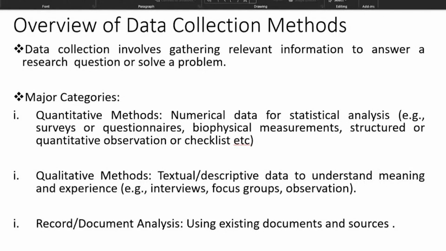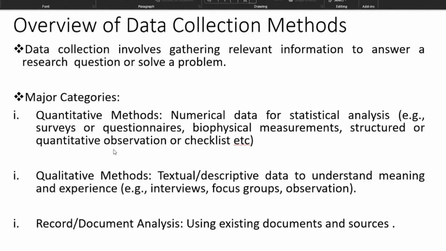Sometimes you need information like that to answer certain research questions. So they are a way through which you can get quantitative data. Then we also have structured or quantitative observation.